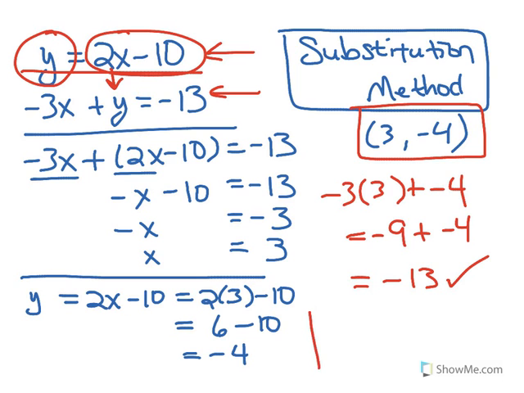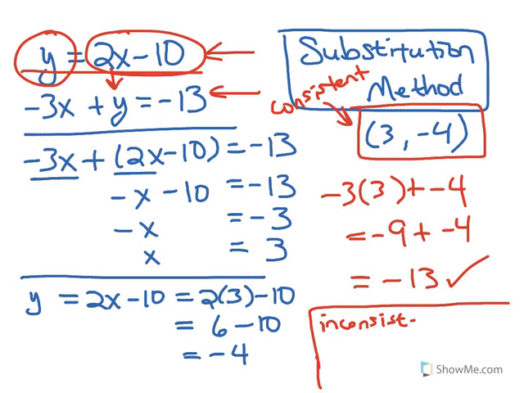In a previous ShowMe about the graphing method, we talked about the other kinds of systems of equations. This one's called a consistent system because we got a nice, neat solution. In the case of an inconsistent system, you're dealing with two parallel lines. There will be no intersection.